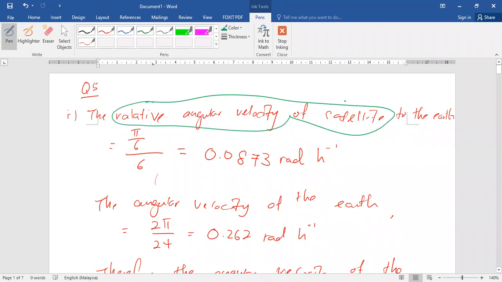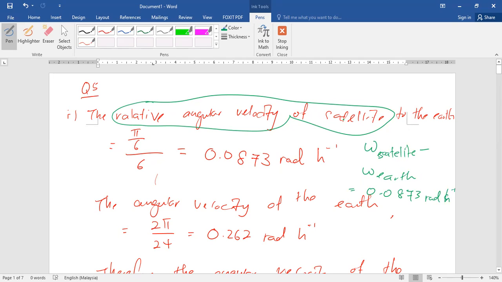That means this is the difference in angular velocity between the satellite and the Earth. So the angular velocity of the satellite minus the angular velocity of the Earth will be equal to 0.0873 radian per hour, for example.